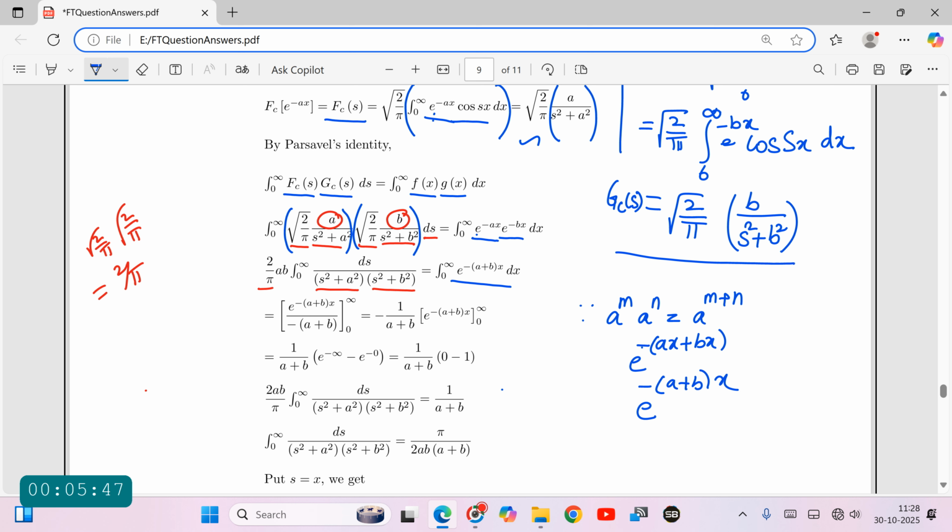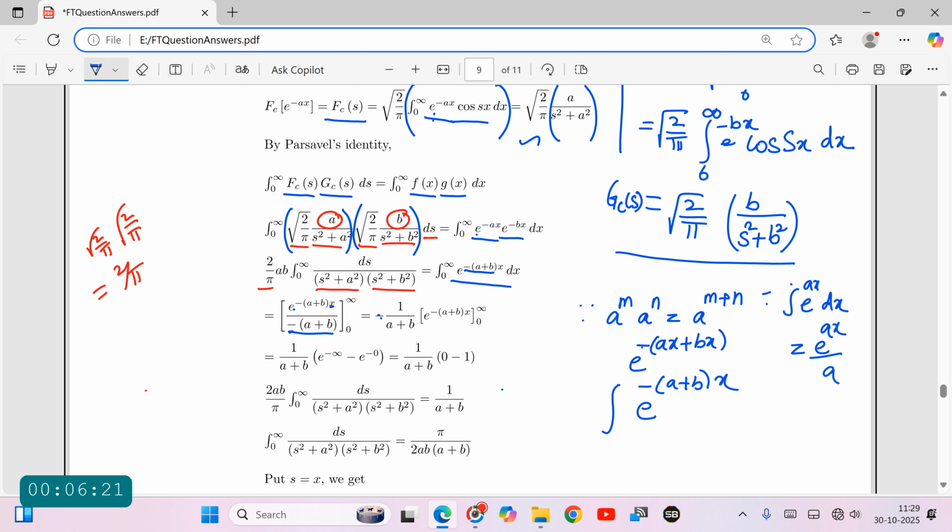What is the integration of this? If you integrate e power ax dx, already you know the integration of e power ax is e power ax by a. Here in place of a we have minus (a plus b). So after integration, e power minus (a plus b) x by minus of (a plus b), the limits 0 to infinity. So taking the constant term outside of the limit, minus 1 by a plus b.